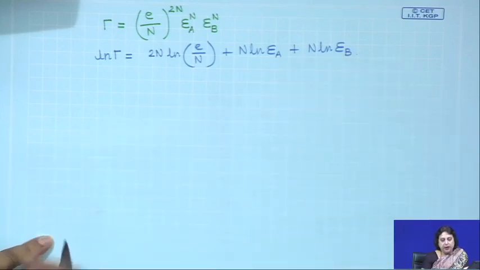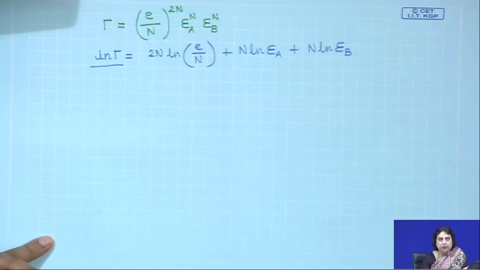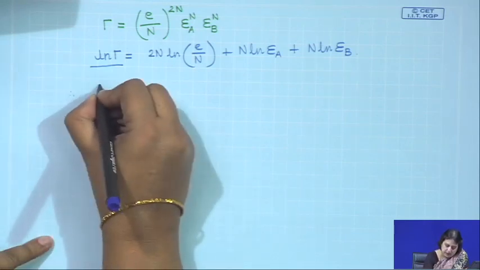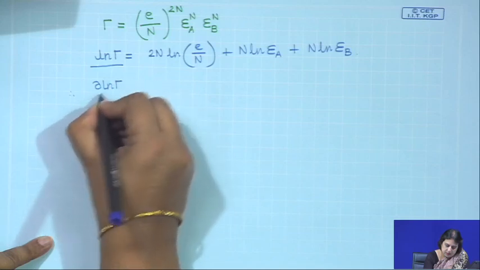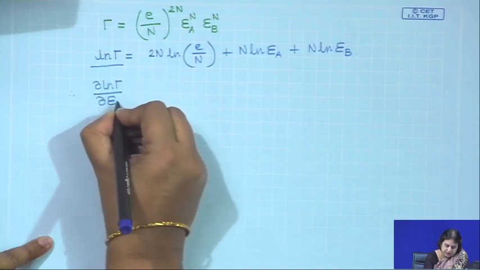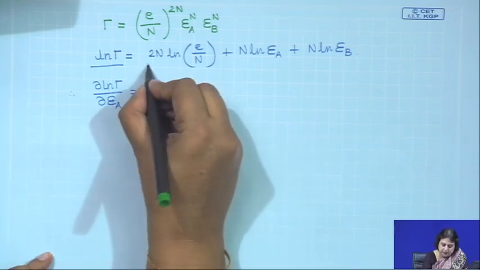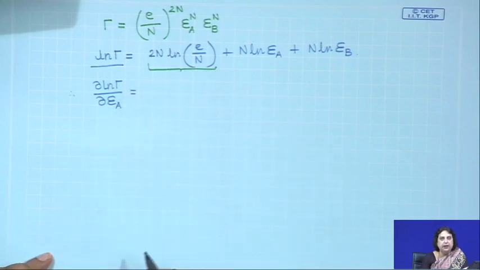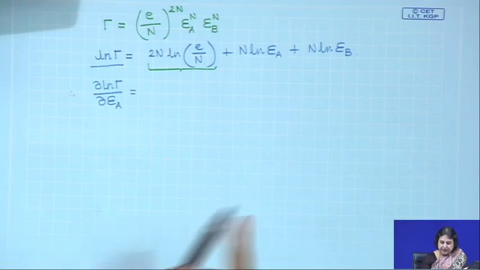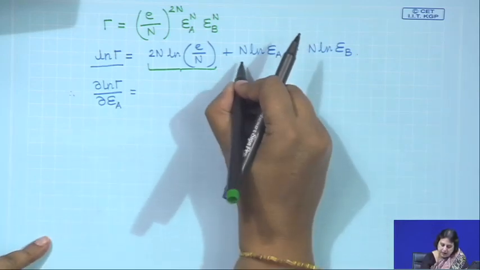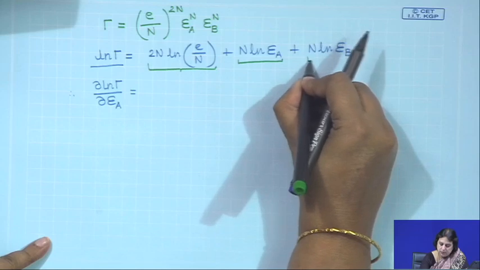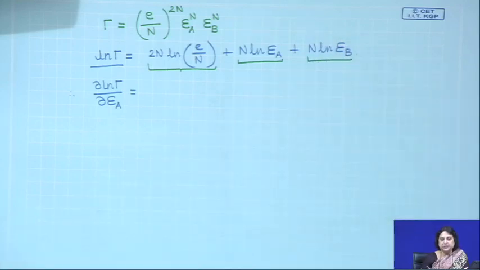Now, I am looking for a maximum in this function with respect to epsilon A, and therefore, I will be taking a derivative of this function with respect to epsilon A. And when I do that, I realize that this part is independent of epsilon A and hence it will not have any contribution to the derivative. So, I will have to concentrate on these two terms.